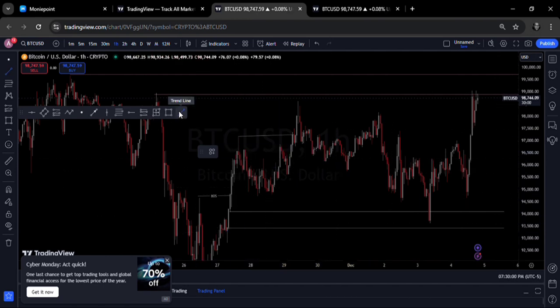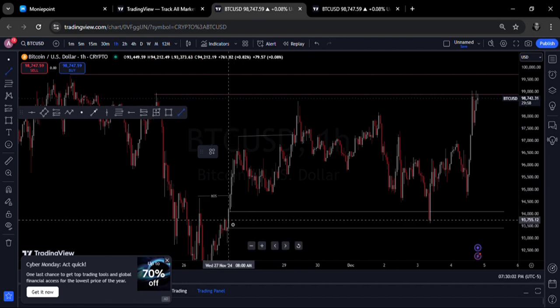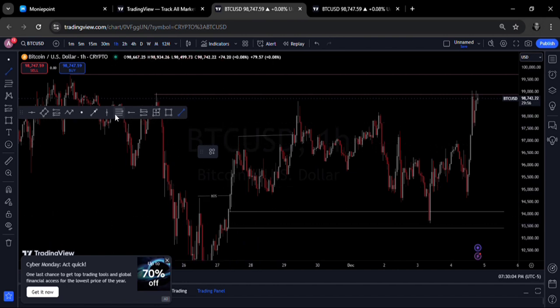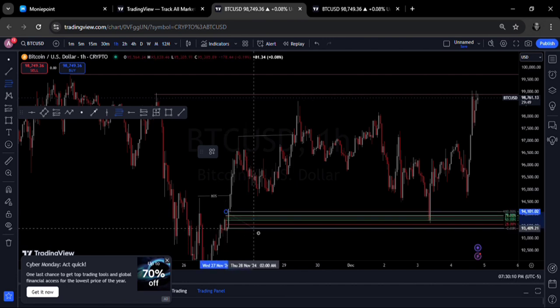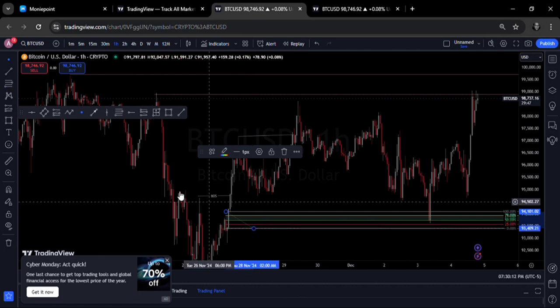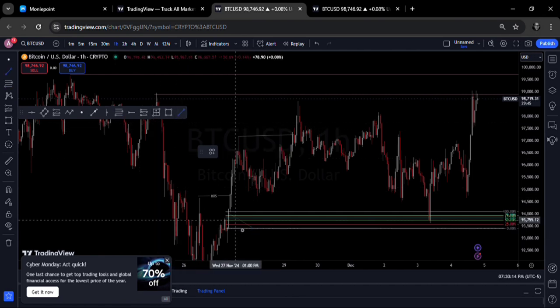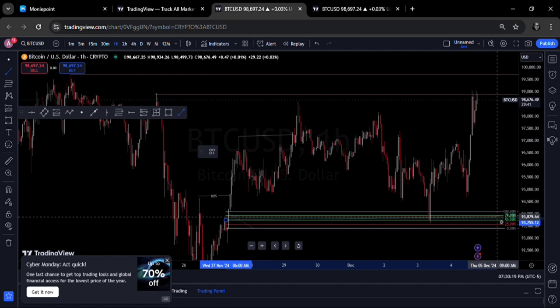Then I used my Fibonacci retracement tool to find the consequent encroachment of the fair value gap, which is the 50% of the fair value gap, which is right here, if you can see.